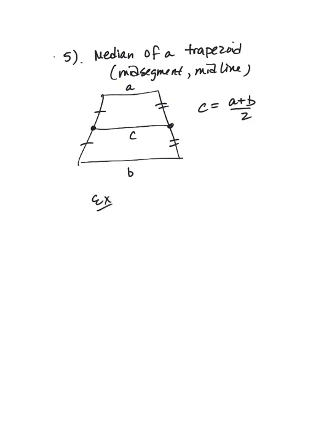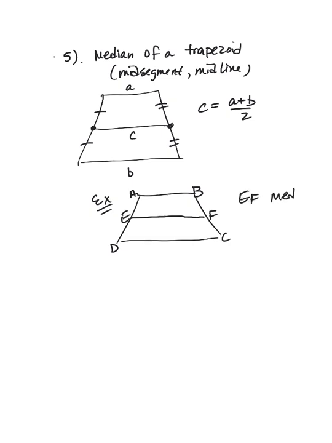So for example, let's say I tell you this segment, let me call this A, B, C, D, E, F. So we tell you that EF is a median in trapezoid ABCD.